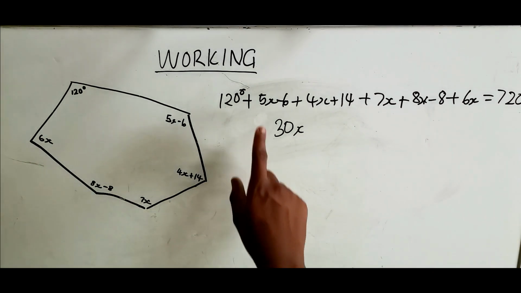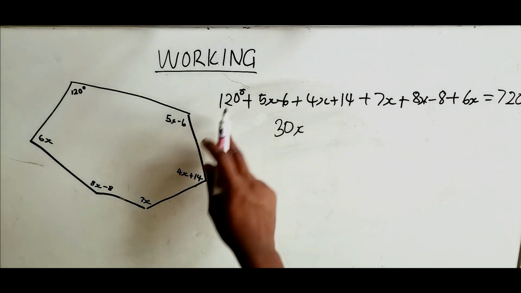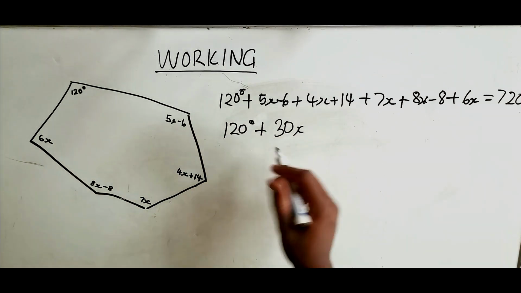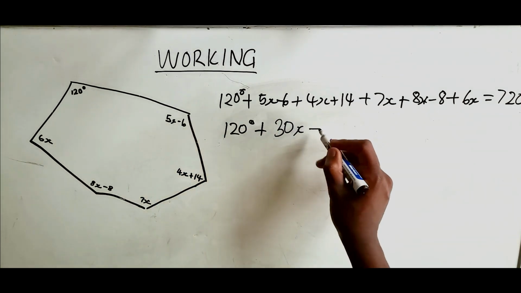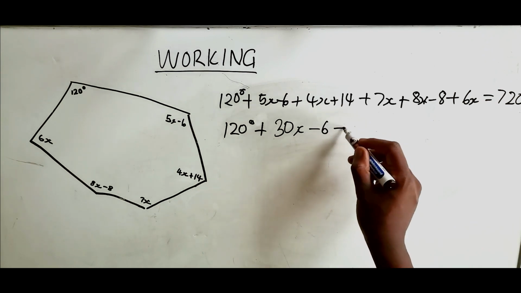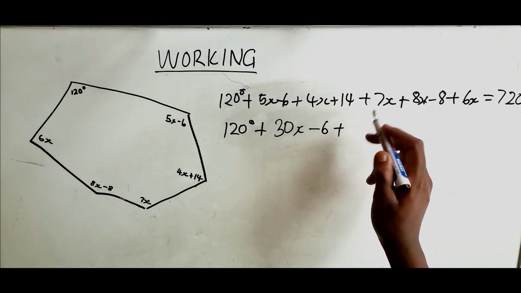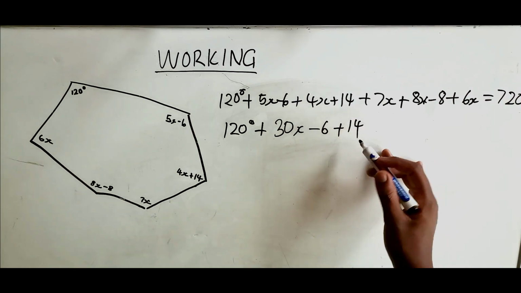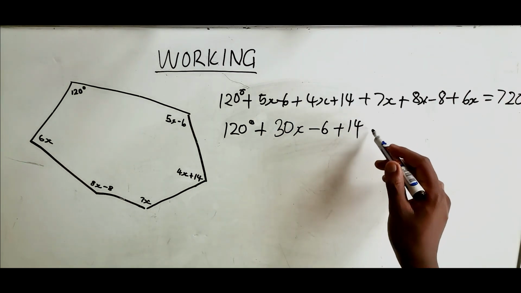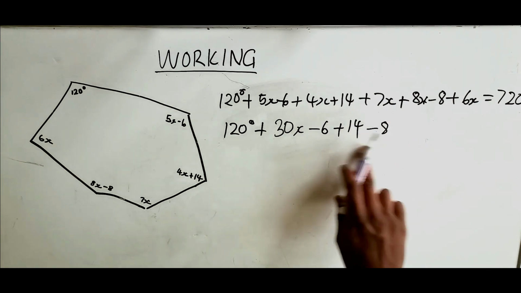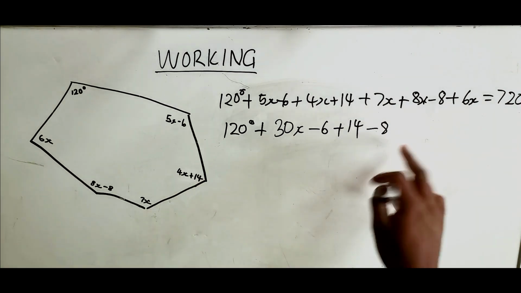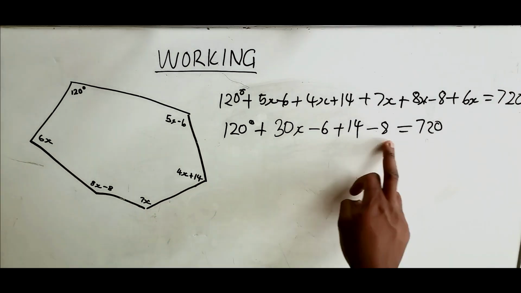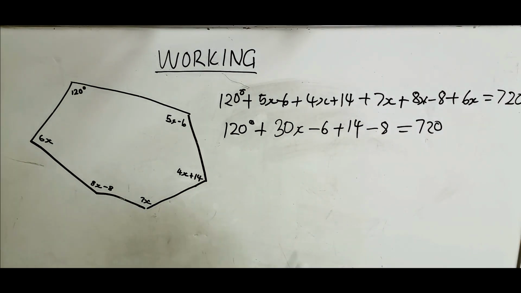Let's move on to the numbers. I have 120, negative 6, plus 14, minus 8. If you can see, this will automatically give me 0, right?